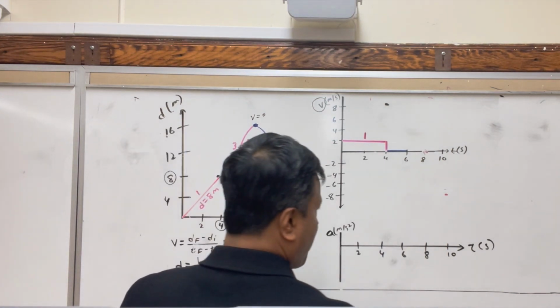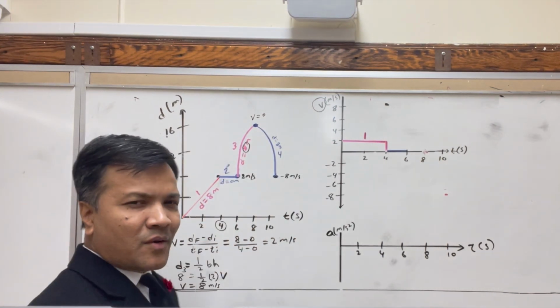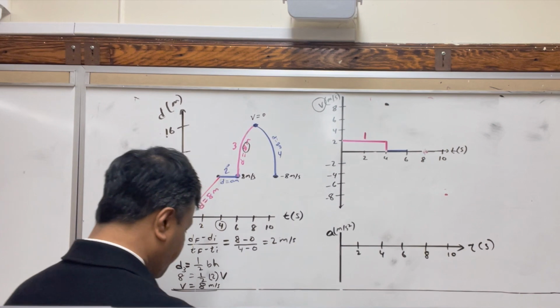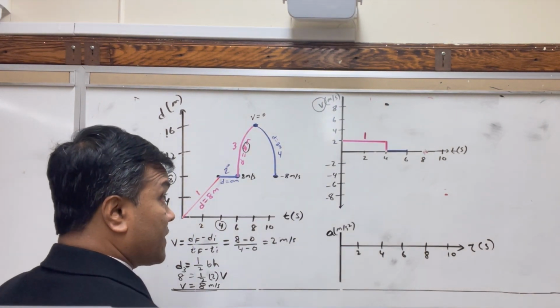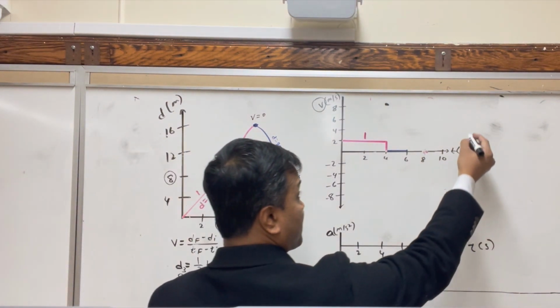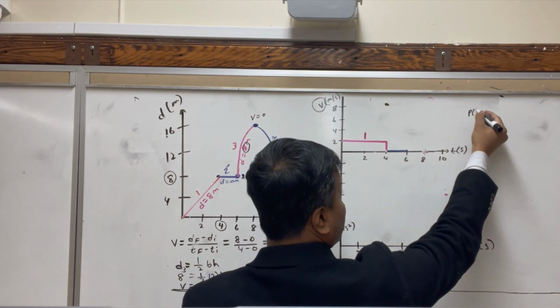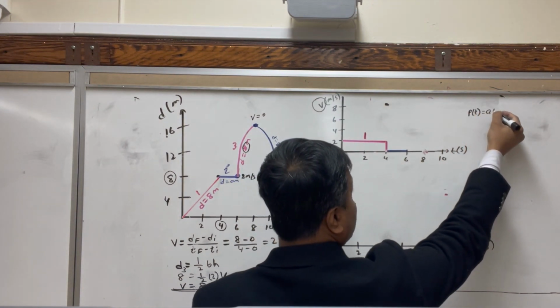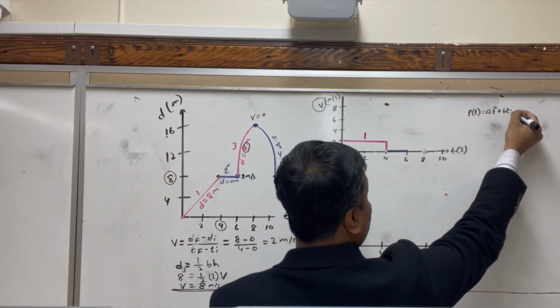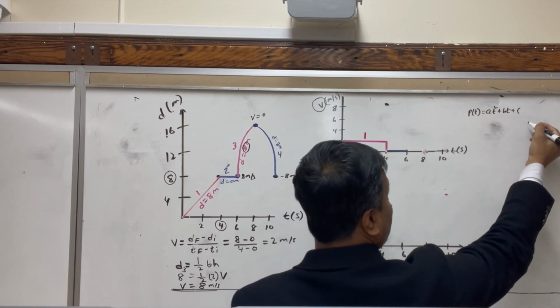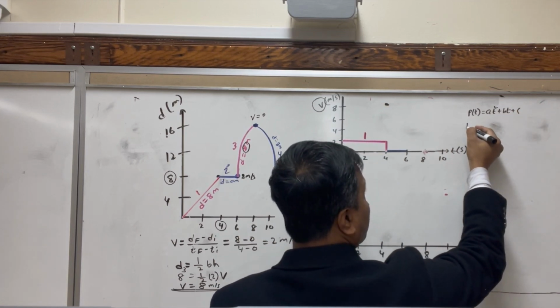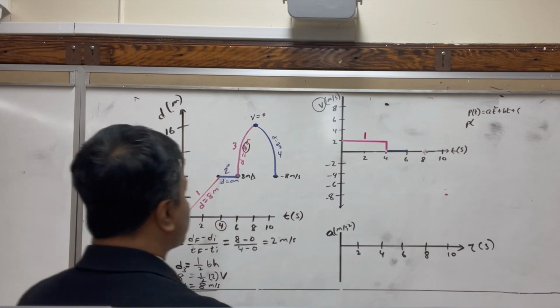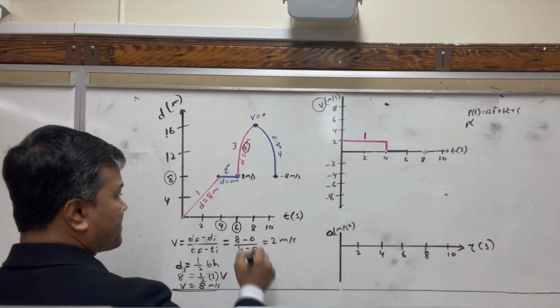So now let's verify it by calculus. All right, first we're going to start our conversation. P of t is equal to at squared plus bt plus c. And then, of course, first we're going to use this point 6.